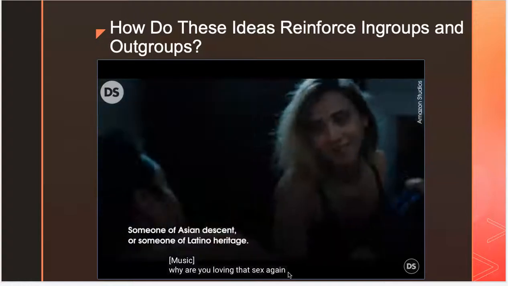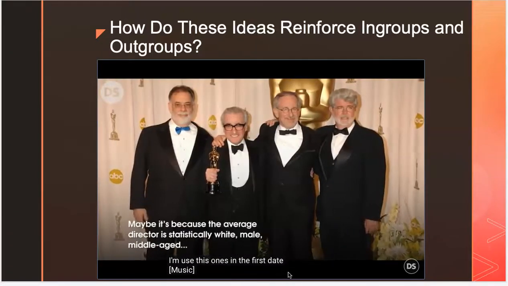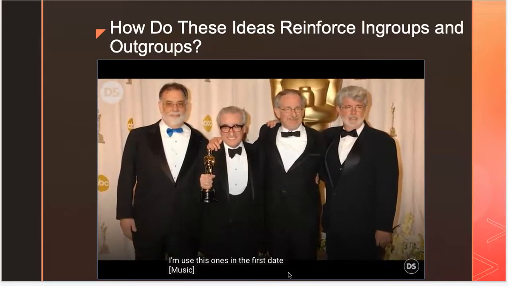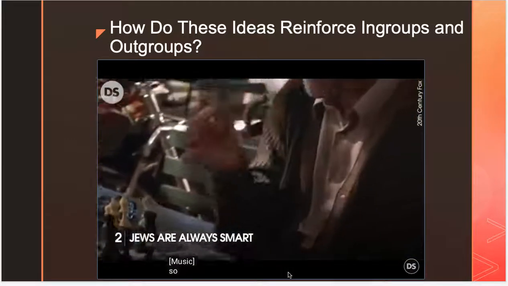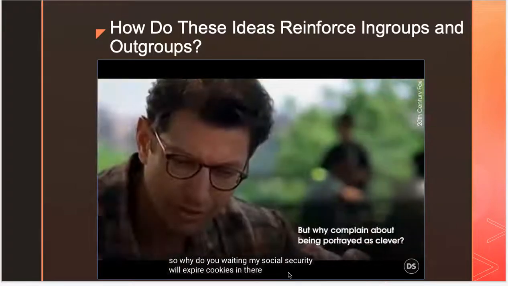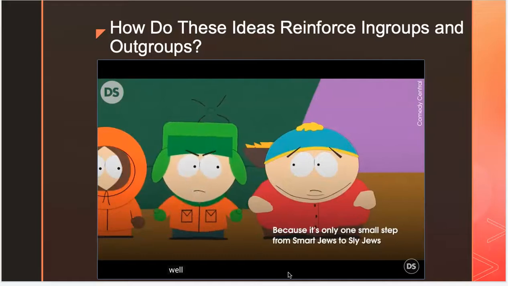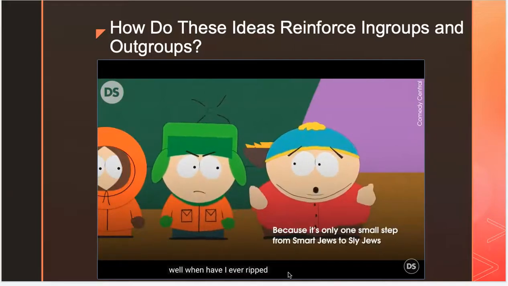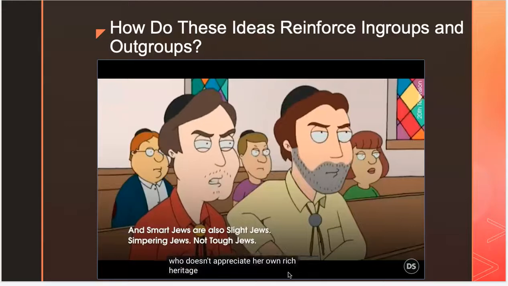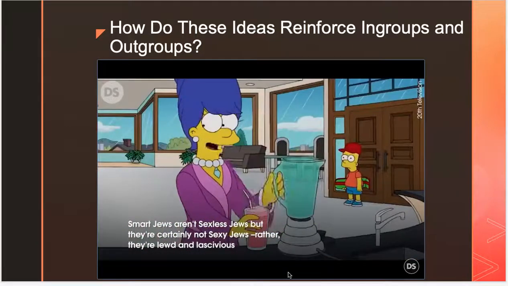Wait, I think that's an accident here. I'm just not that kind of girl. I miss this one's on the first date. So anyway, my social security will expire until December. Yeah, well, anyway. Oh, please, all we ever do is call me names and rip on me for being Jewish. Kyle, when have I ever been on you for being a Jew? Nothing I hate worse than a Jew who doesn't appreciate her own rich heritage. Come on, boy, let's get her. Where's your smoothie, sweetheart?